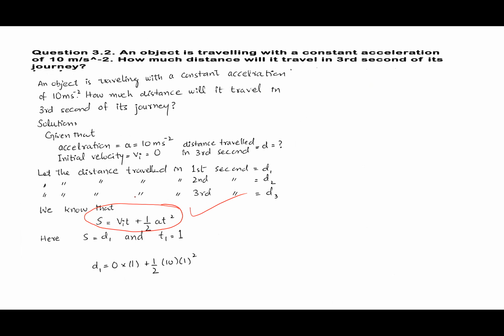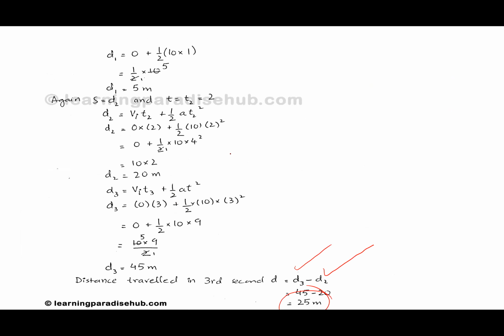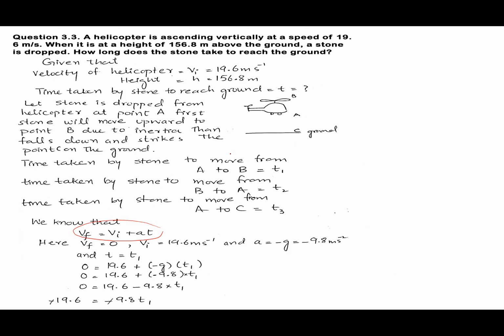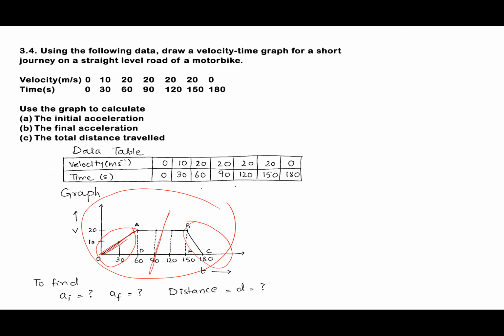Here you will use the second equation of motion. Here you will use the first equation of motion. Here you use again the second equation of motion and factorization. Here is a graphical method. If you know the equation for area of trapezium, you can calculate the value.